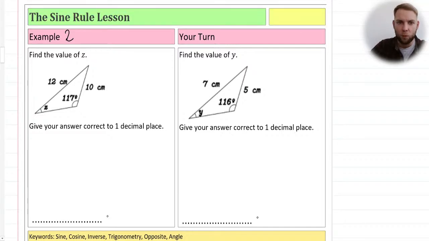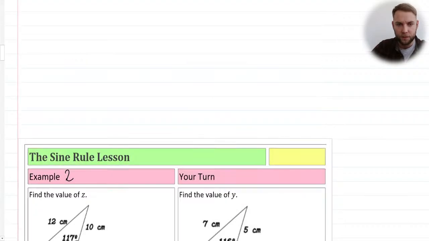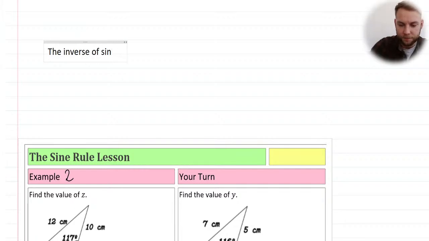Now, just a little hint, we have done this before, but just in case you forgot, we're going to need to know what the inverse of sine, cos and tan are. Well, in this case it's just sine and cos. So the inverse of sine is sine to the -1, we know that.